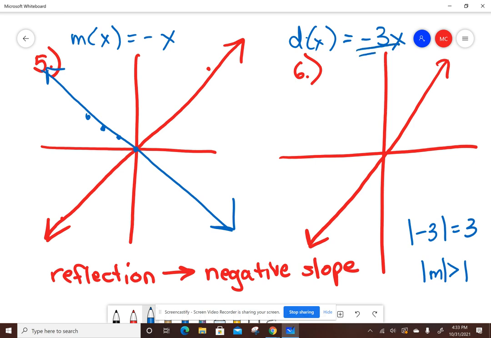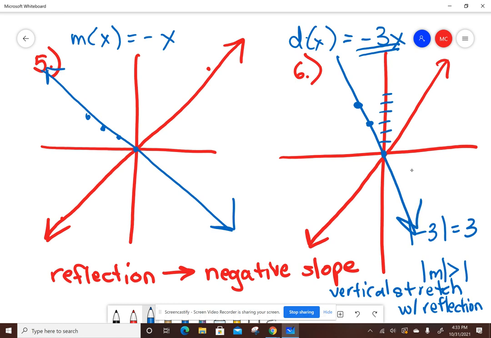So this is actually going to be a vertical stretch with reflection. So instead of going up 1 over 1, I go up 1, 2, 3 to the left 1. 1, 2, 3 to the left 1. So this is going to look something like this, where it's stretching, but it's also reflecting.